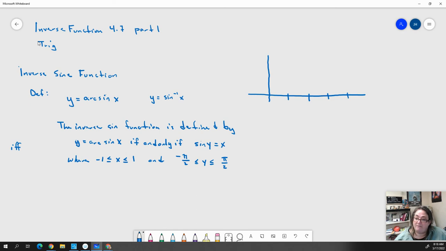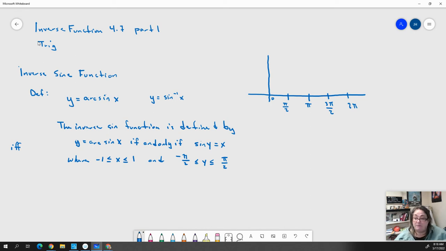So if I have, say, 0 here, pi over 2 here, pi, 3 pi over 2, 2 pi, right? And if you remember when we graphed sine, we used that unit circle, right? We used whatever y was at the unit circle.